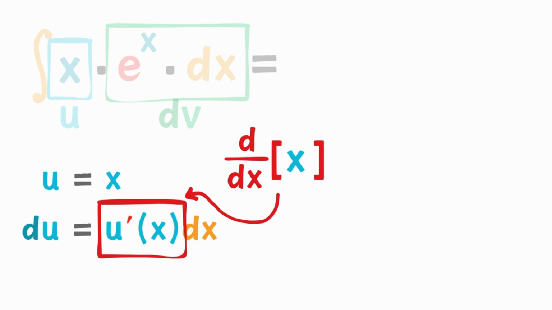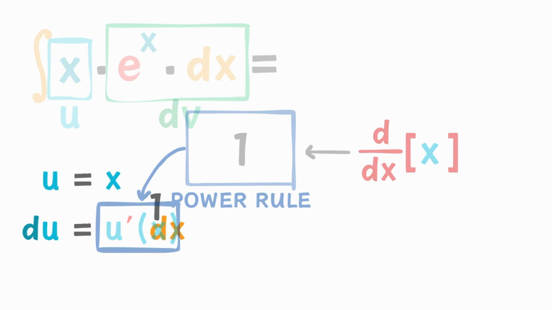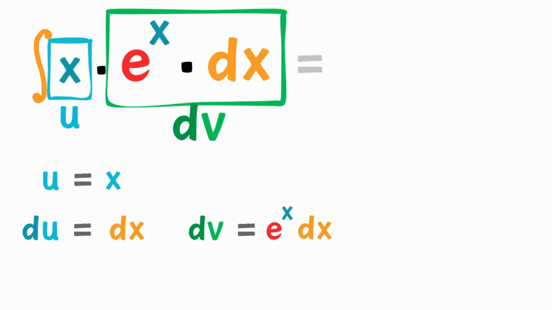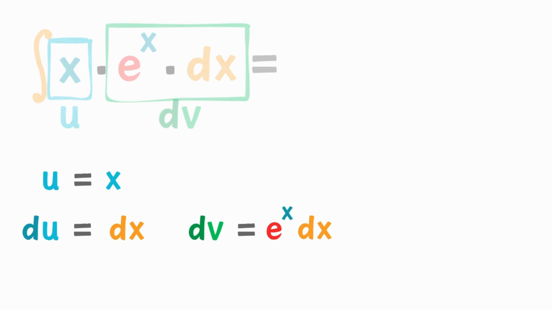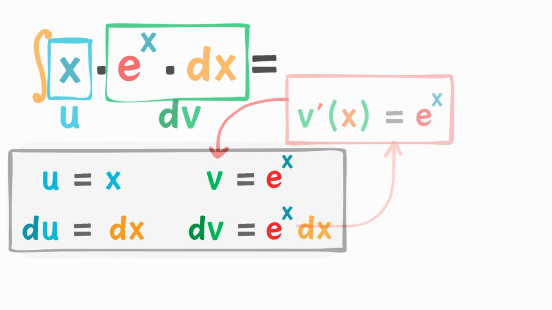That's just the derivative of x, which we can differentiate using the power rule. That's 1. So du is equal to dx. We also know what dv is, e to the power of x dx. dv is the derivative of v with respect to x. So v is the antiderivative of e to the x, which is e to the x.